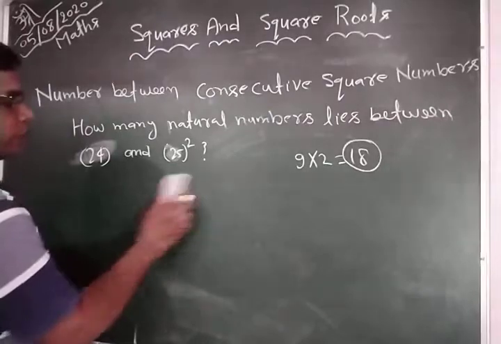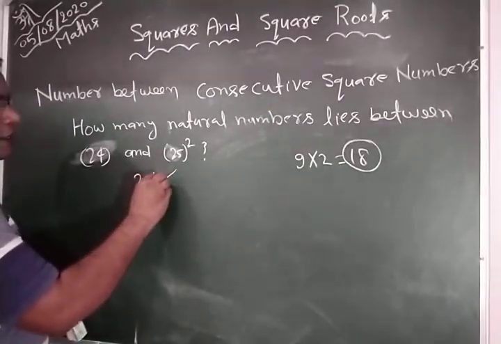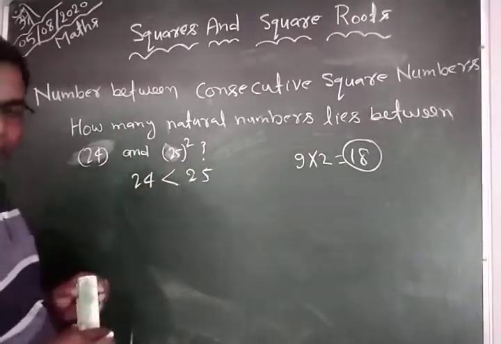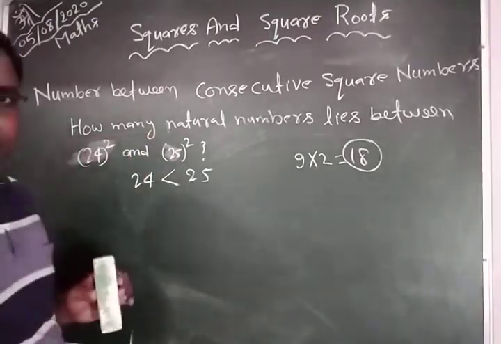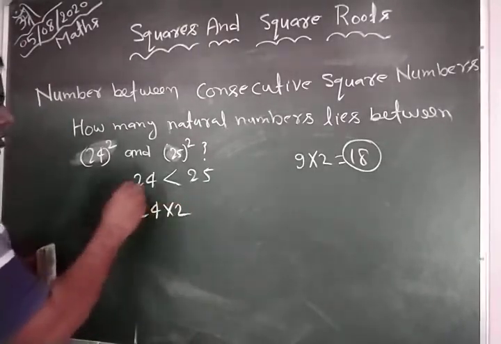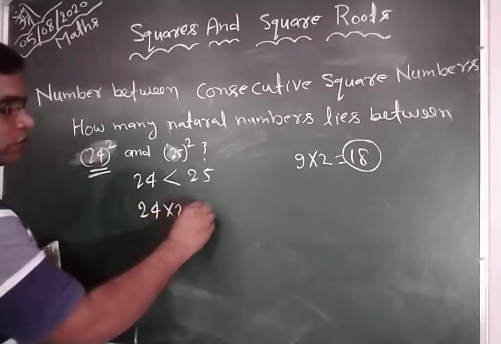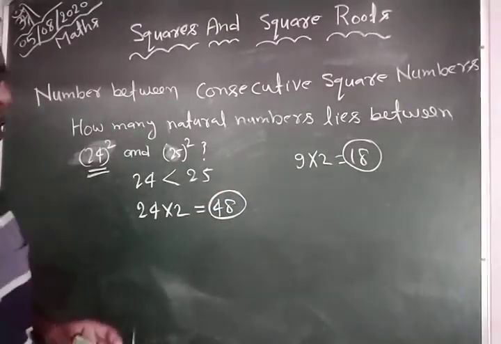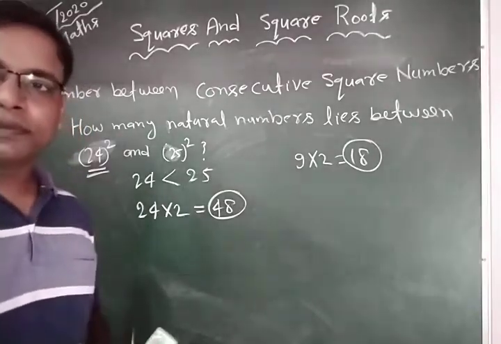Here 24 is smaller than 25, so the number of natural numbers between the square of 24 and the square of 25 is double the smaller number. The smaller number is 24, so double is 48. So 48 natural numbers lie between the square of 24 and the square of 25.